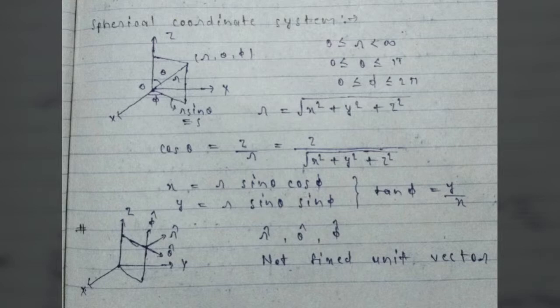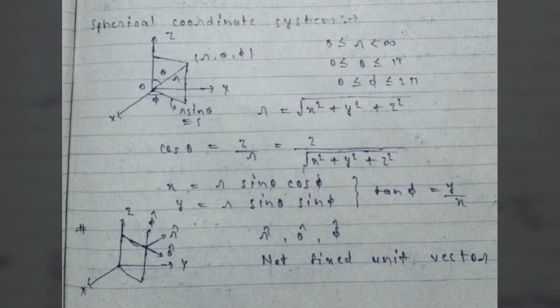And therefore, x coordinate is nothing but r sine theta cosine of phi. Y coordinate is nothing but r sine of theta sine of phi, and this immediately tells you tangent of phi is exactly like the cylindrical coordinates, y over x.